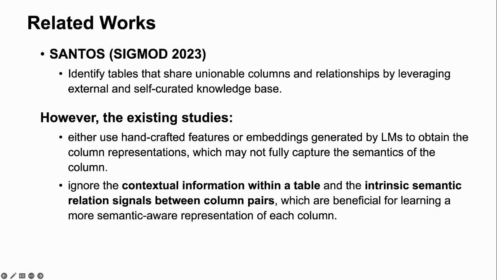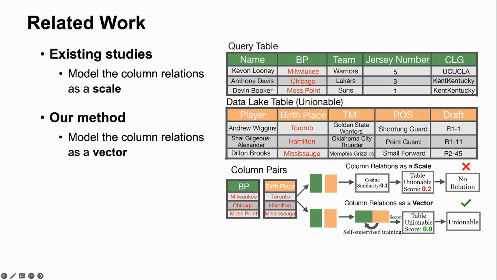They also tend to ignore the contextual information within the table and the intrinsic semantic relation signals between column pairs, which could be beneficial for learning a more semantic aware representation of each column. Another way to look at existing work is that they pretty much all model the column relations as a scalar, whereas our method models the column relation as a vector.